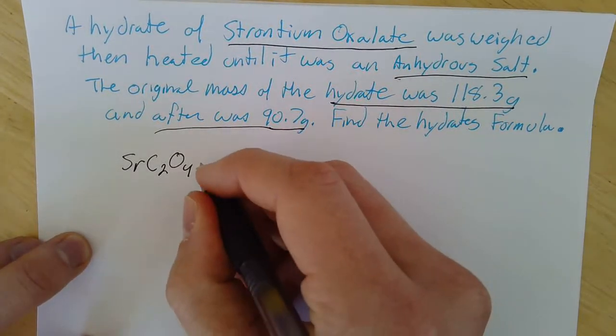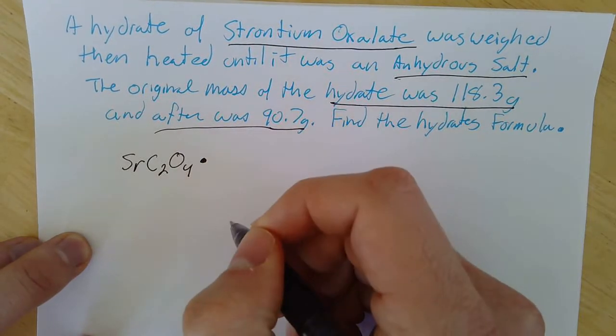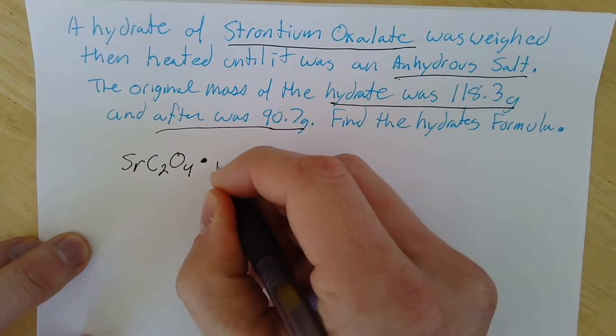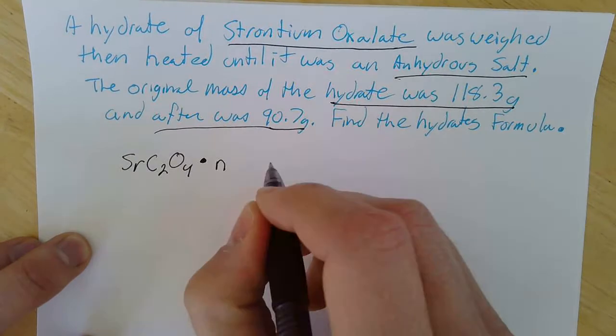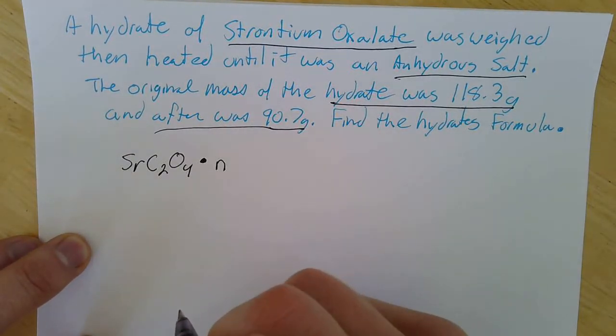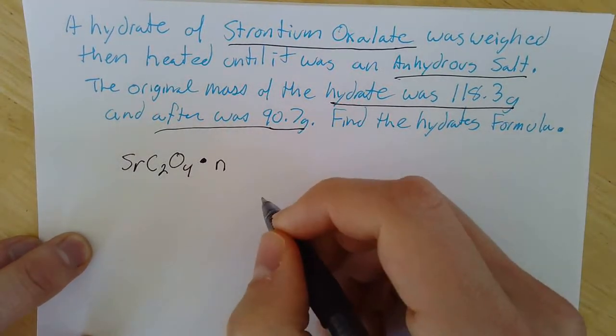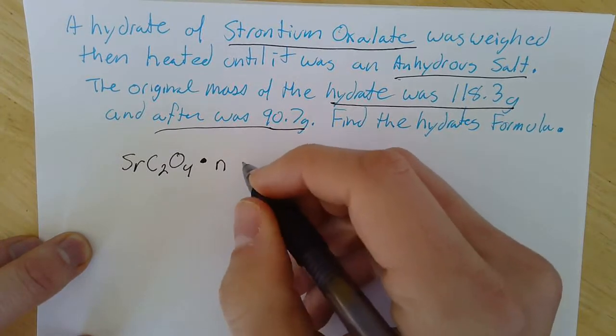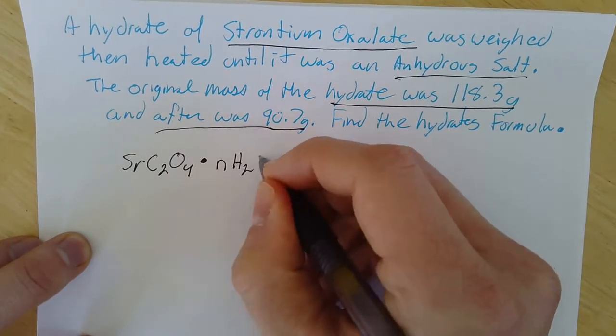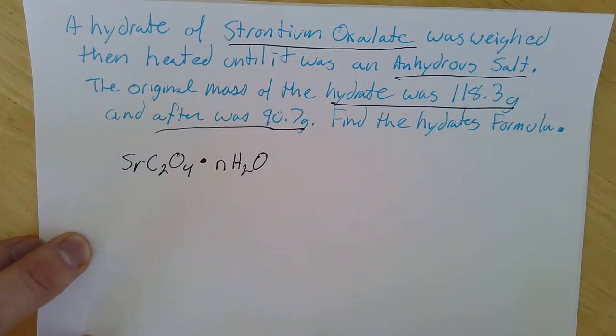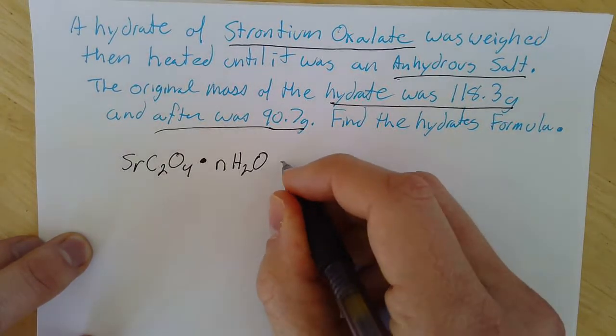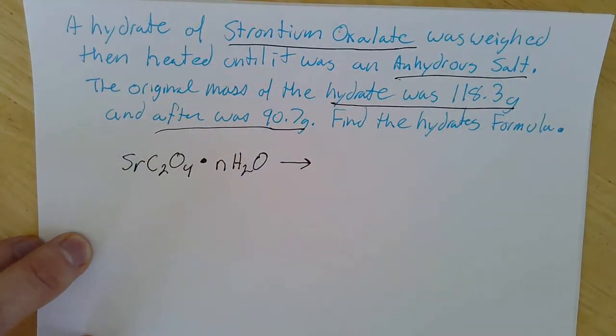Knowing that this is a hydrate, what we're trying to find is this n. Some, if you're looking at some things online, they might call it x or something else, but we're trying to find this nH2O. So the way that this one works out is it kind of looks like we have a decomposition reaction.